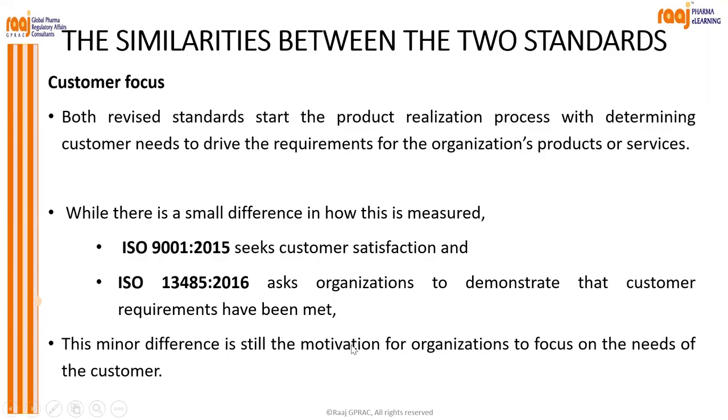So this is a small difference between these two standards when we talk about customer focus. But in both cases, customer focus is very important. Here we have to demonstrate, and in 9001 we seek the customer satisfaction. So that is the main difference.